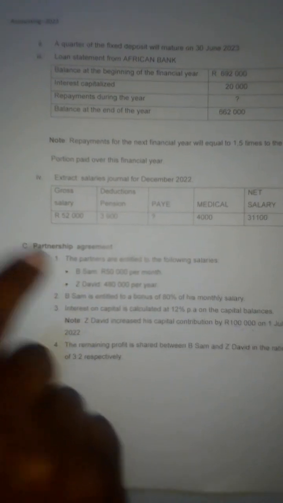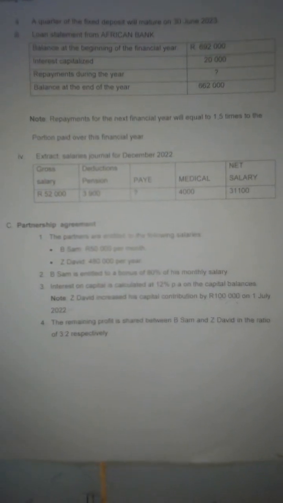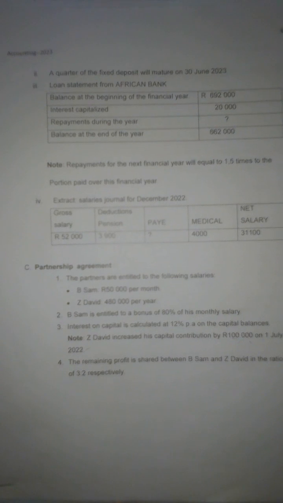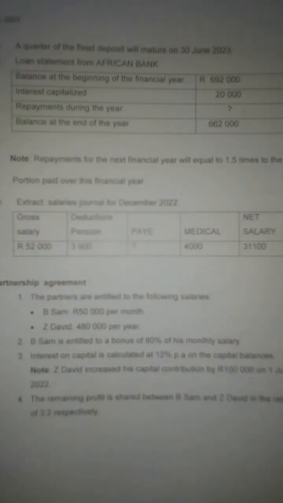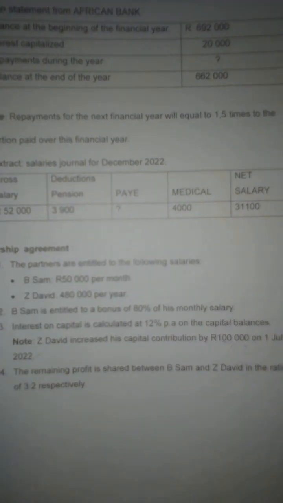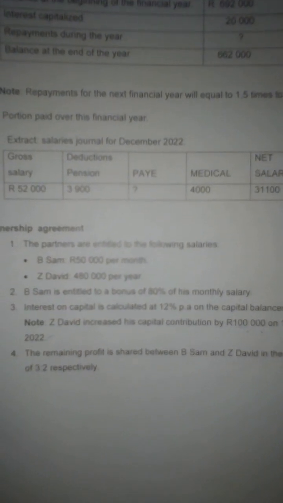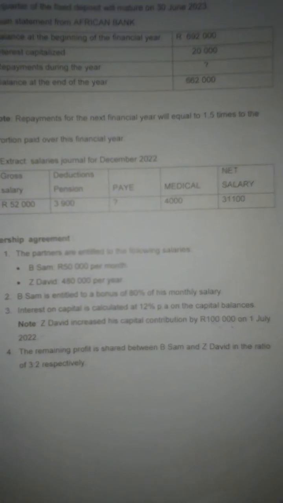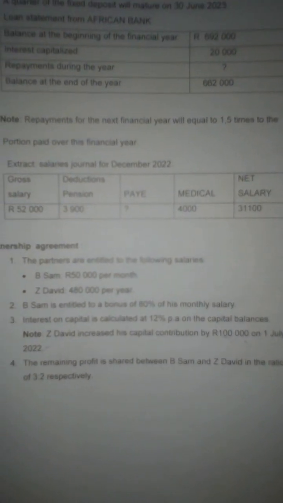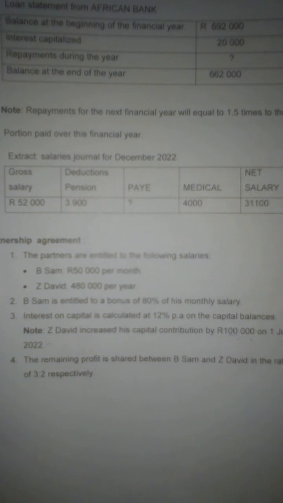We record the salaries at the end of the financial year. So the salaries are supposed to be for 12 months. So if we are given a salary for 1 month, it simply means we are supposed to multiply it by 12 months so that we can get the money that was supposed to be received for the year by B Sam. Okay, let's go to the answer book and record the salary for B Sam.